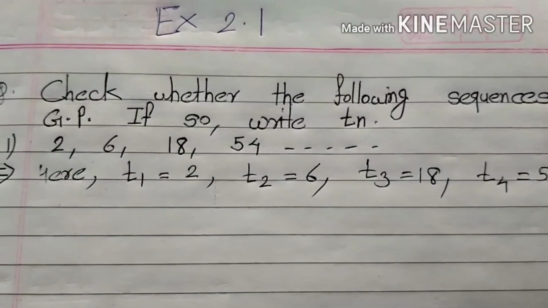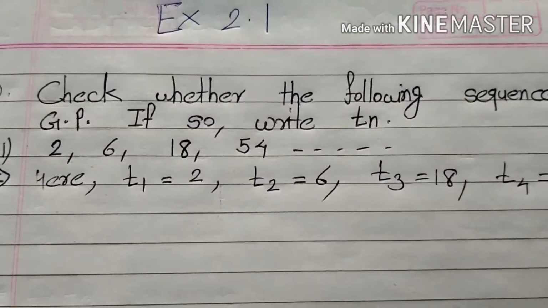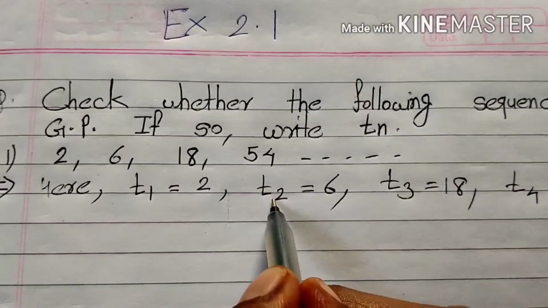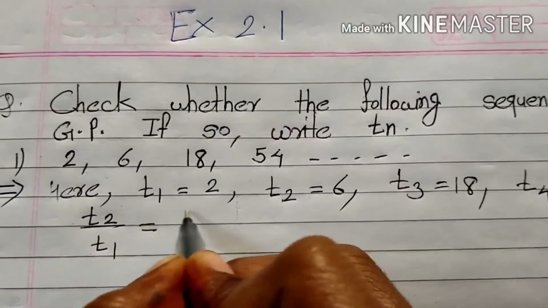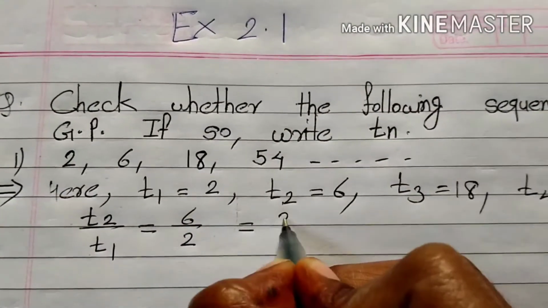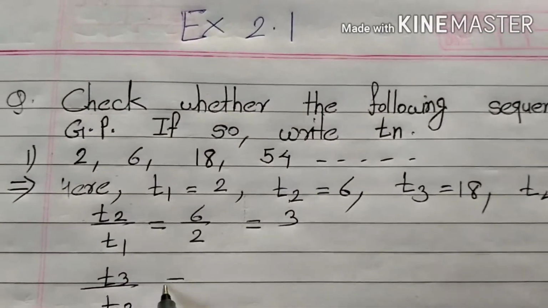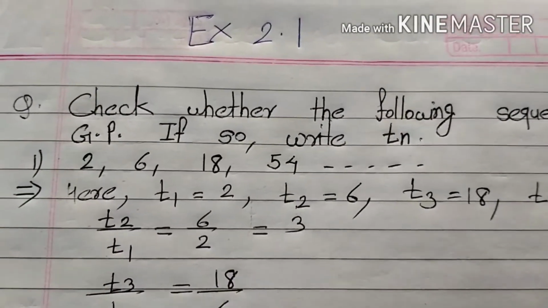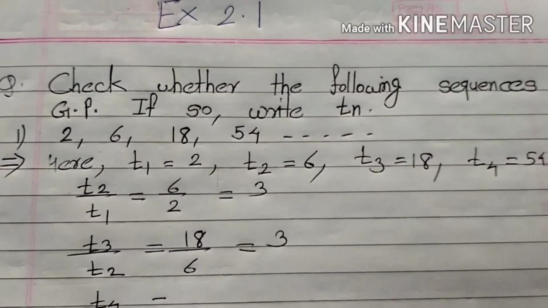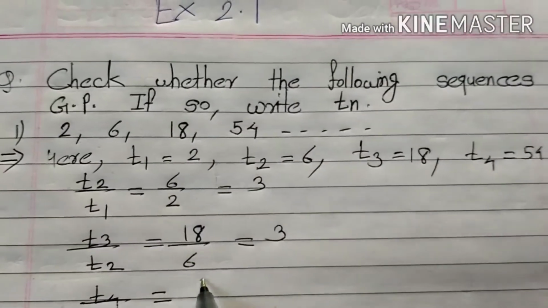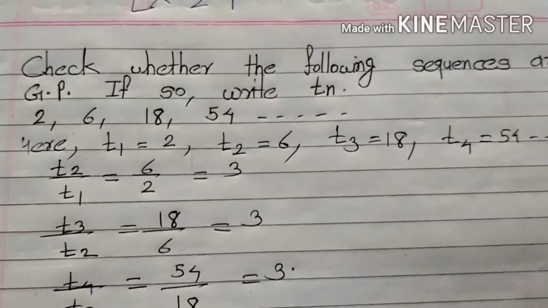Okay, so what is the formula? Tn plus 1 upon Tn is equal to R, meaning constant. So T2 upon T1 is equal to 6 upon 2, which is 3. T3 upon T2 is equal to 18 upon 6, which is equal to 3. T4 upon T3 is equal to 54 upon 18, which is equal to 3.